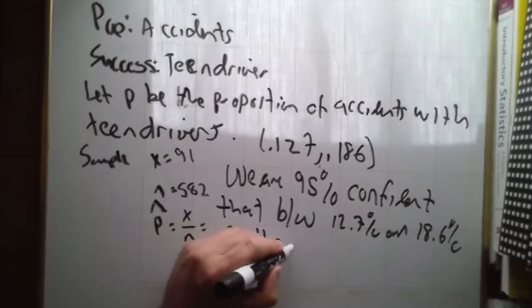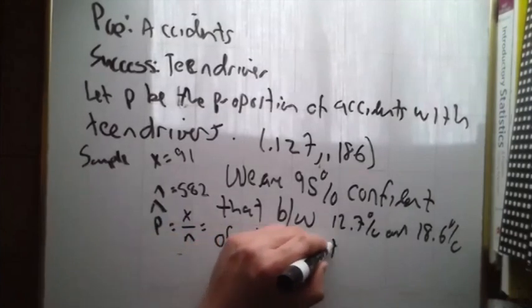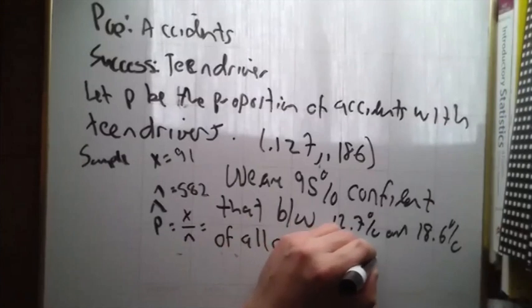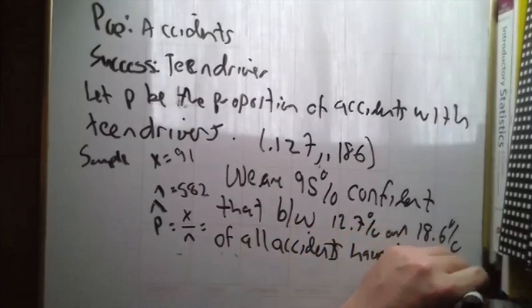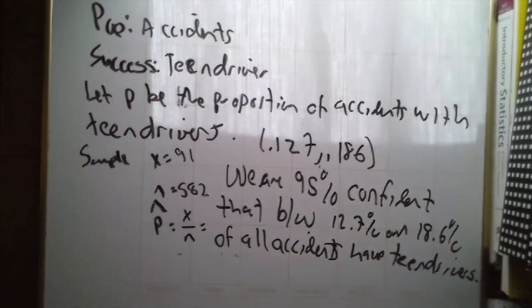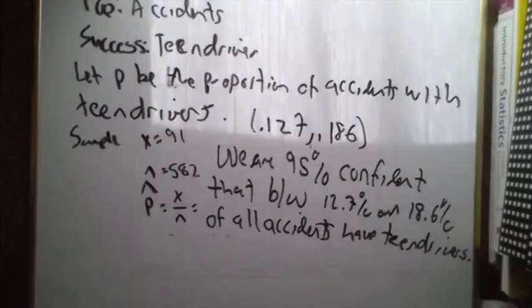Of all, not the sampled, of all accidents have teen drivers. That's it. That's our entire confidence interval. Now, there might be follow-up questions. In this case, there's a follow-up question. But we're done with the confidence interval. That's literally it.